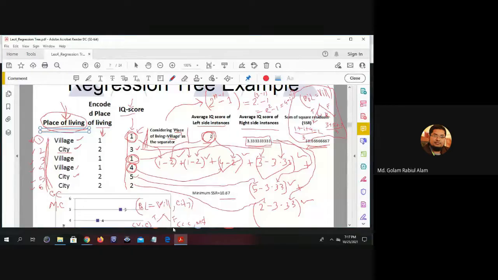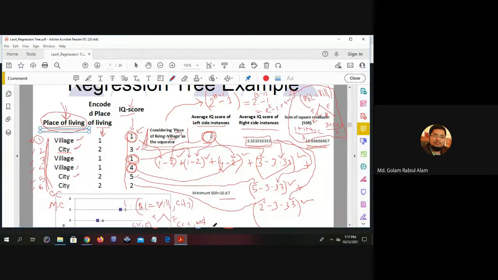Okay, so you have to consider this kind of combinations also. So this is one combination. You can combine like the village and capital city. In that case, the village and capital city will be on your left side, and the other two on the right side.